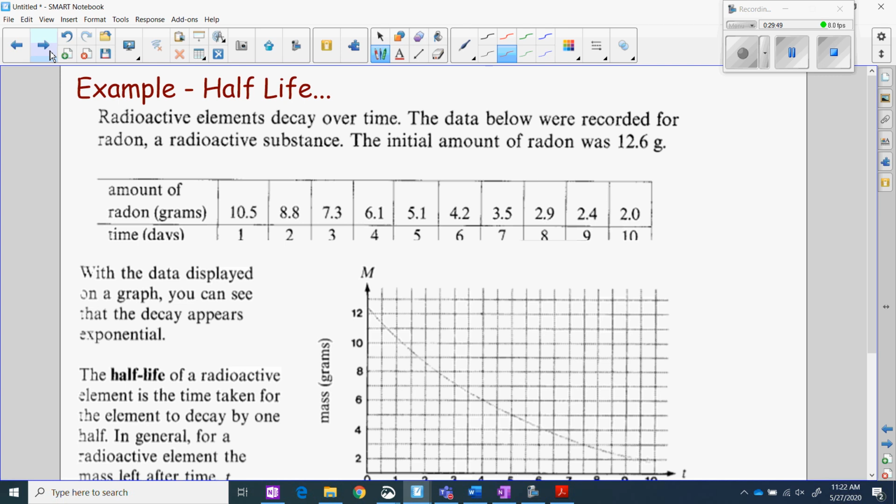And to do carbon dating, they have to understand something called the half-life. Half-life is basically the amount of time it takes, and it's usually dealing with radioactive elements, for a radioactive element to decay to half of its original starting amount. So the example I have here, let me see here.